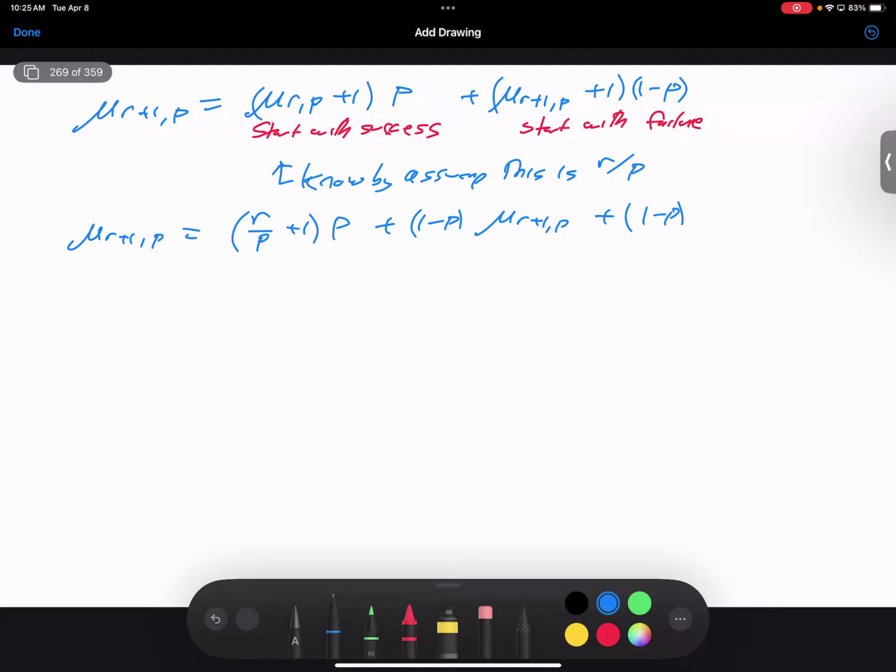Well, the coefficient there is 1, so 1 minus P is just going to be P. So we get P times mu R plus 1 P is R over P plus 1 times P. So that's going to be R plus P plus 1 minus P, and that should just reduce to R plus 1. And so we get mu R plus 1 P is R plus 1 over P, as desired.